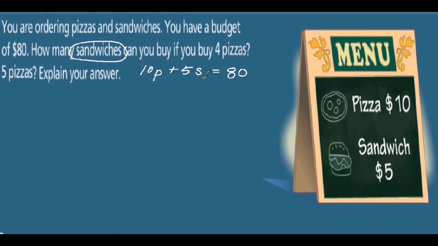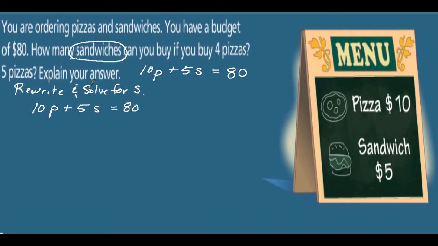So again, we're going to rewrite and solve for S. Okay, and if we do that, then we're able to use the information of 4 pizzas and 5 pizzas, plug it in, and find out how many sandwiches we can purchase. So I'm going to take 10p plus 5s. That's going to equal 80.